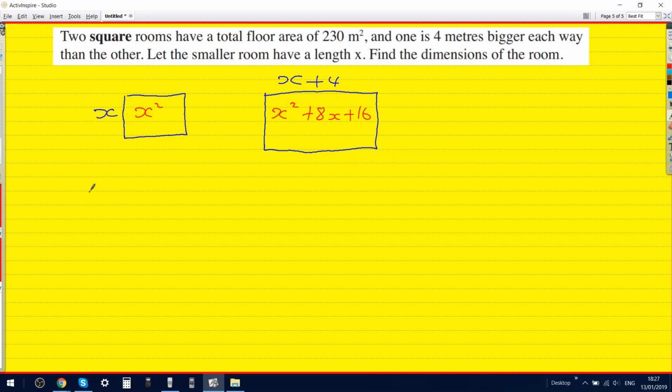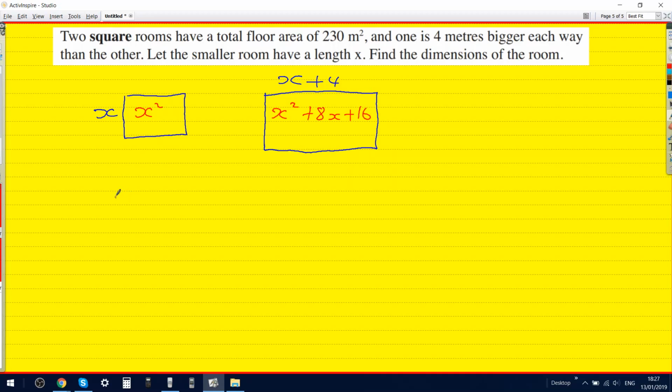And what is that 230 about? I'm not sure. It says the total floor area is 230, so the total area of those 2 rooms. What is the total area of those 2 rooms in terms of x? Okay, so x squared times... Not times, total?